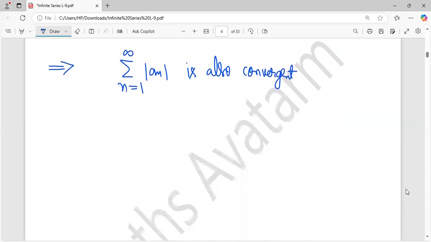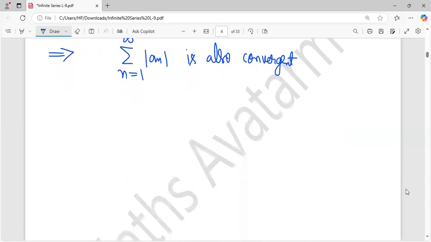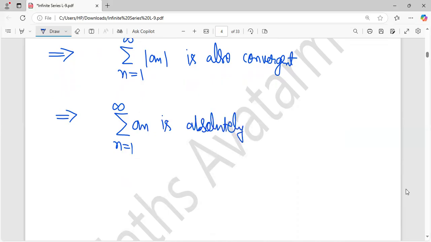If some series is convergent, it will remain convergent. If some series is divergent, it will remain divergent. So this is convergent. So this implies the series is absolutely convergent. Okay.